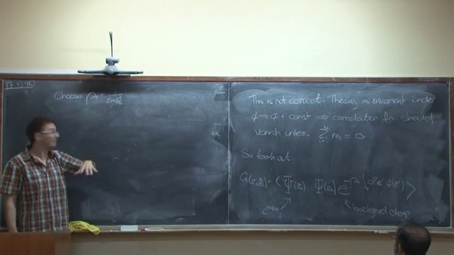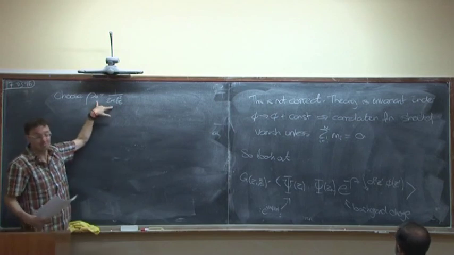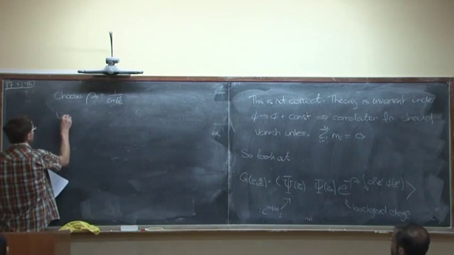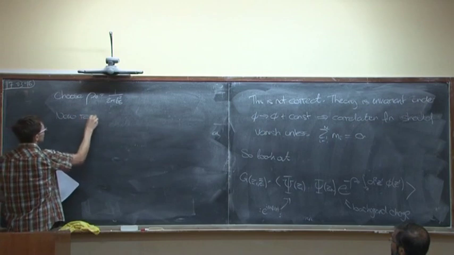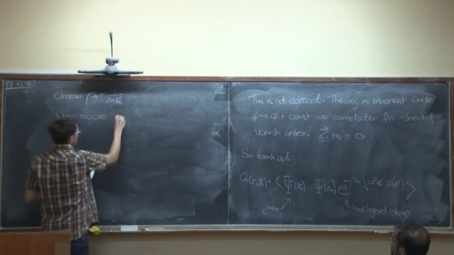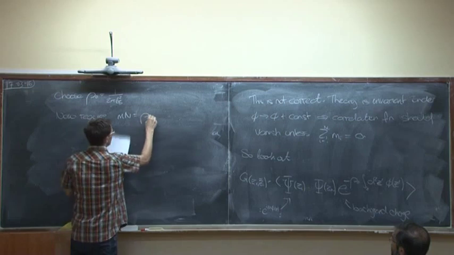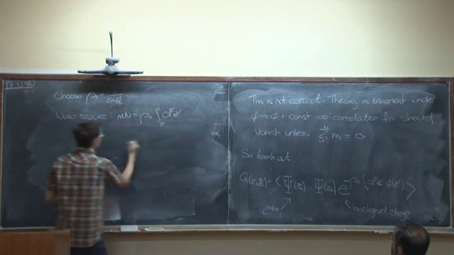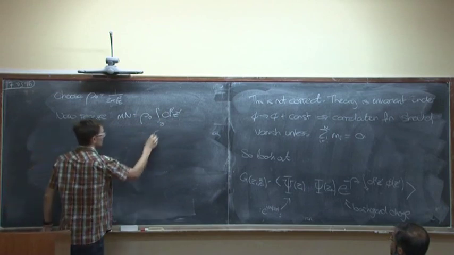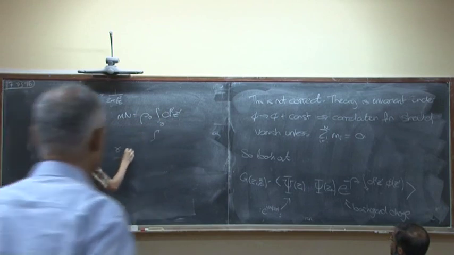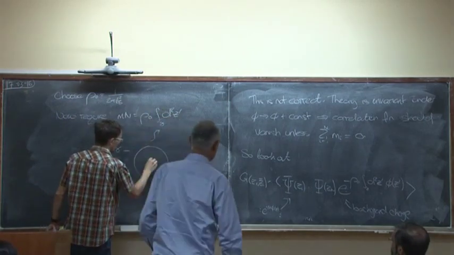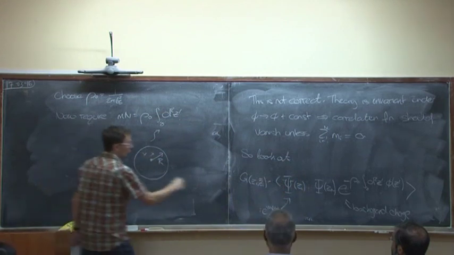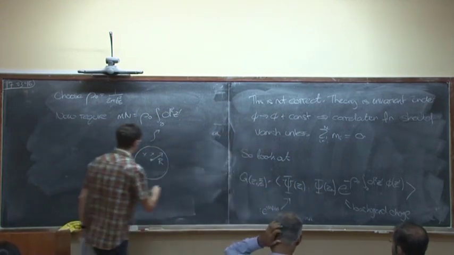The density of plasma in the plasma analogy is equal to this. Alright, so now we require... I should say what gamma is. So gamma is going to be a disk of radius r, where all the points z_i lie within this disk.